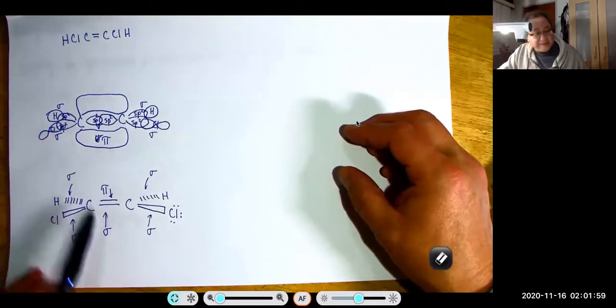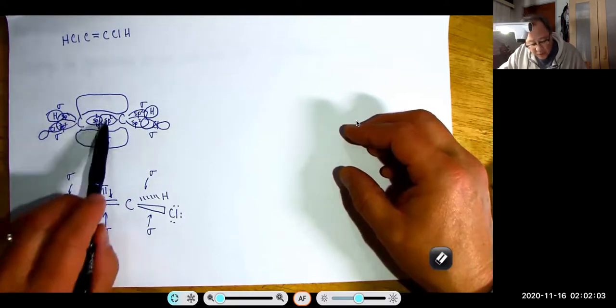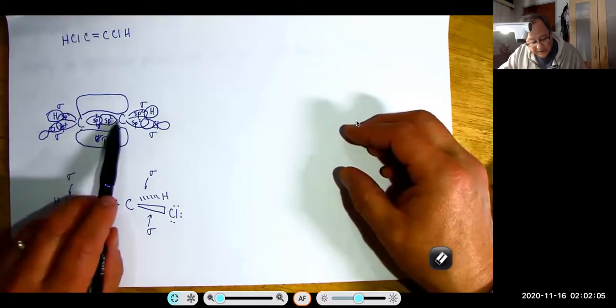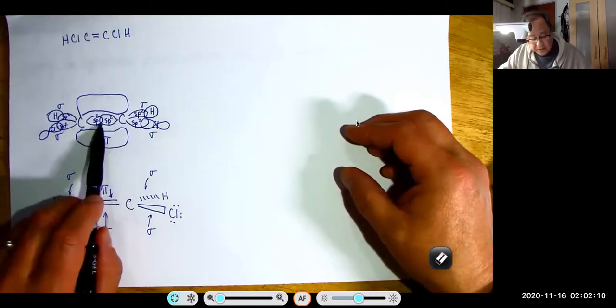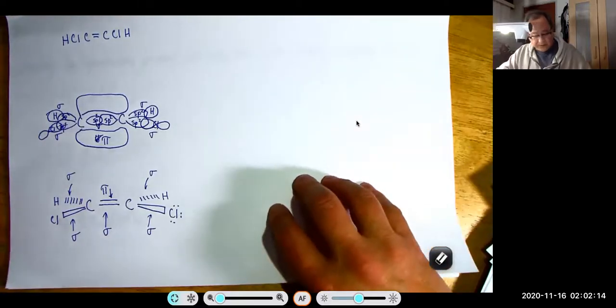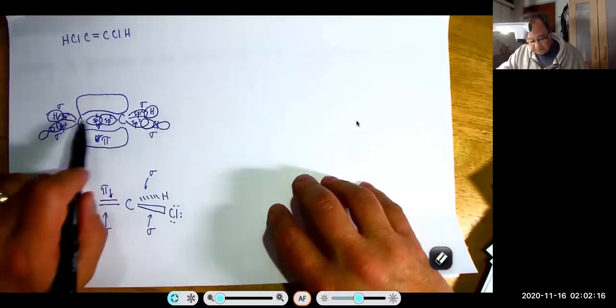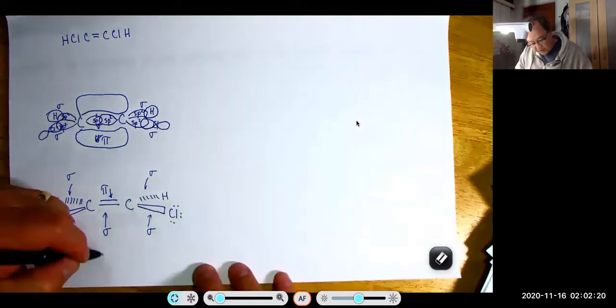And here you can't see that it's a pi bond. You have to understand that there's only one bond between the two carbon atoms that's directly where the electrons are directly between the atoms. The other bond is above and below the plane of the paper. So this is the one that we would call cis.